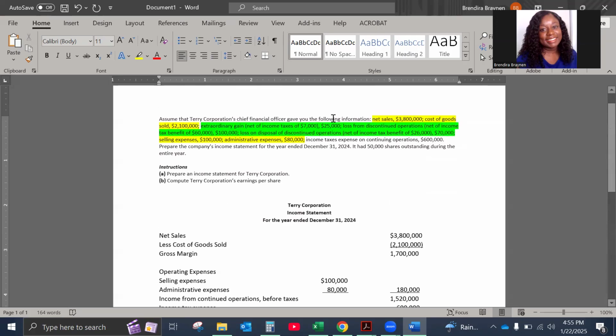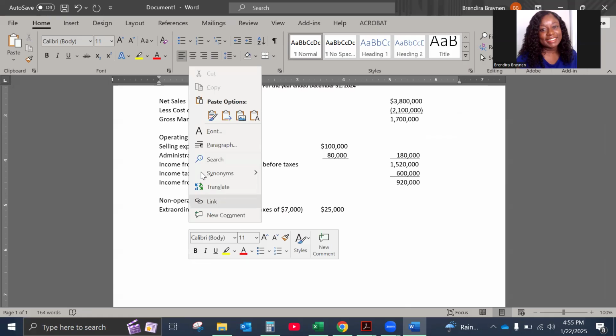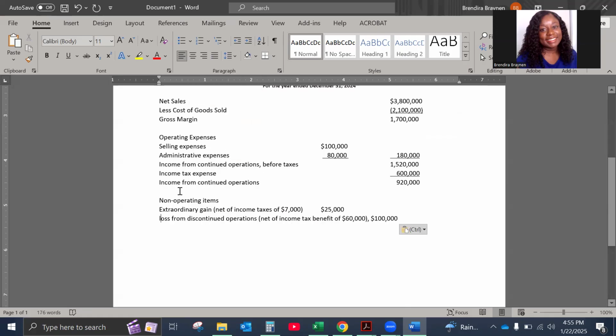I also have a loss on disposal of discontinued operations, net of taxes. Again, everything that has net of taxes is normally grouped in the same area. So loss from discontinued. I'm just going to put this on a new line so it lines up as best as possible, and indent it there. So that's my 100,000 from my loss.